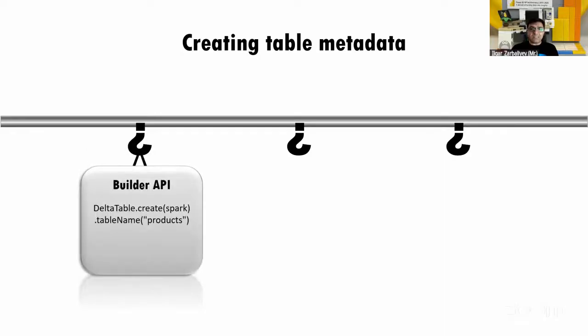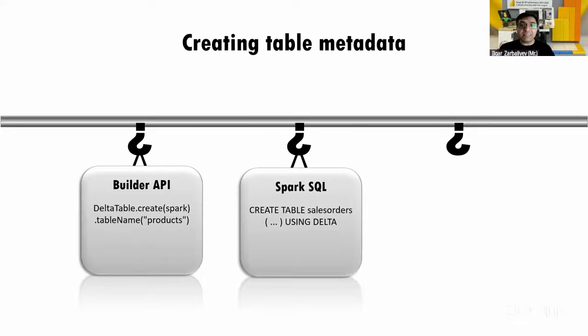The first is the Delta Table Builder API. This lets you write Spark code that creates a table from an explicit specification, a name, and a set of columns with their data types. The second is Spark SQL. If you are comfortable with SQL DDL, you can use a familiar create table statement and simply specify using Delta.